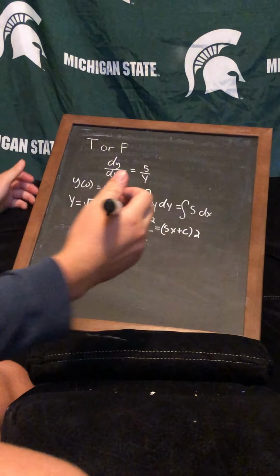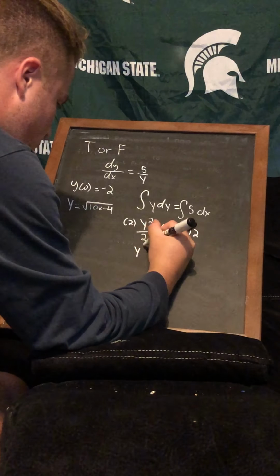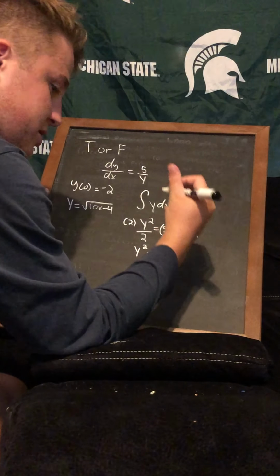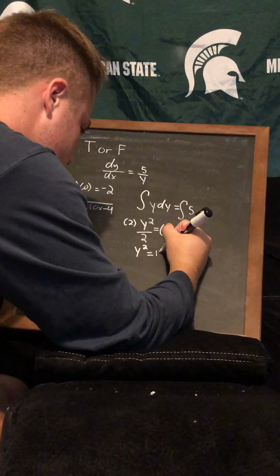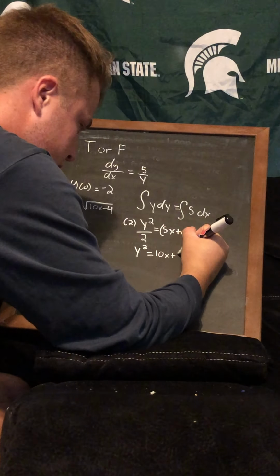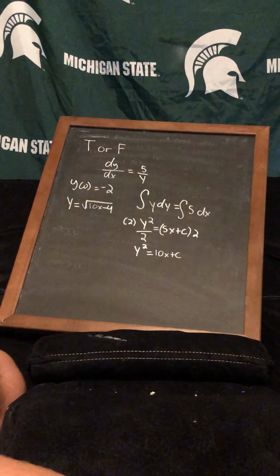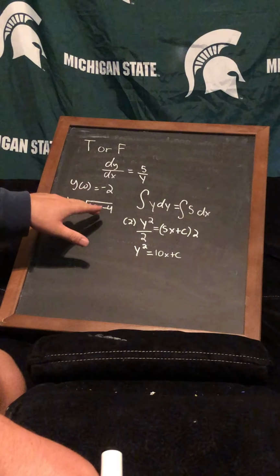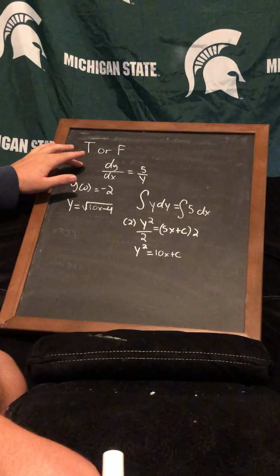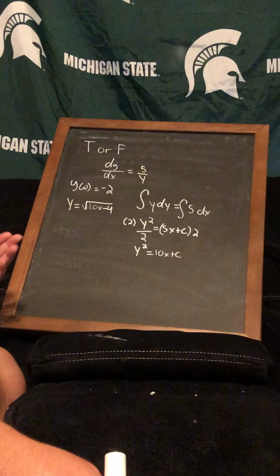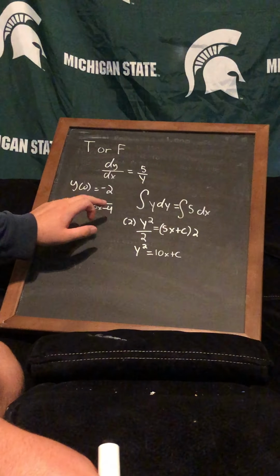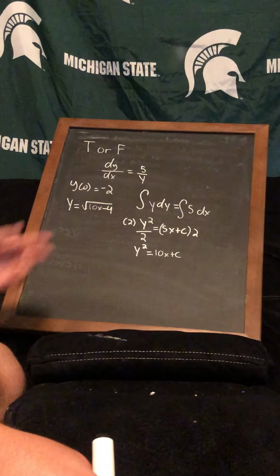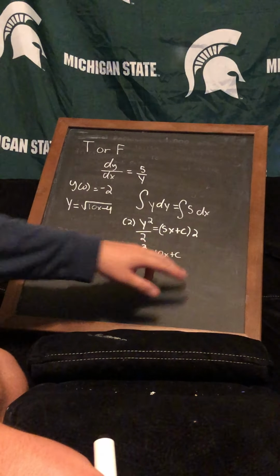So what you will now get is y squared is equal to 10x plus c. Okay, and again, what we're trying to do is prove that this works for this problem, okay? So it's looking pretty good right now. You got the 10x, it has to be equal to 10x minus 4. And right now you have y squared equals 10x plus c.